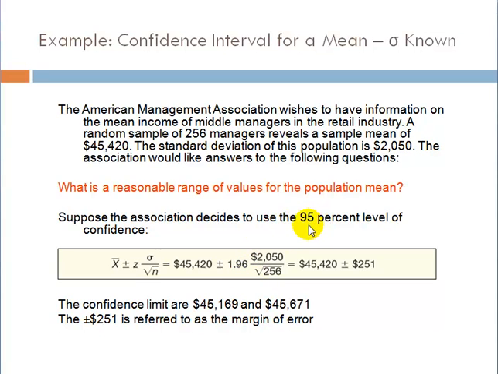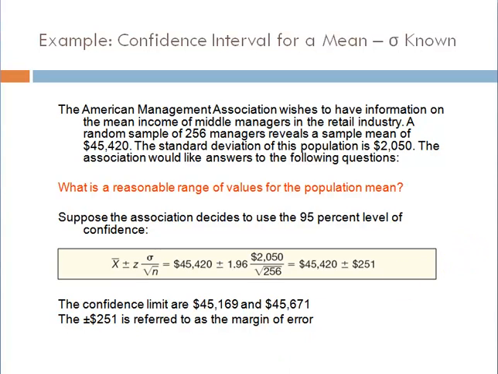Remember, in the normal probability distribution, when we try to find the z value, half of the 95% is 47.5%, right? So half of it is actually 0.475.